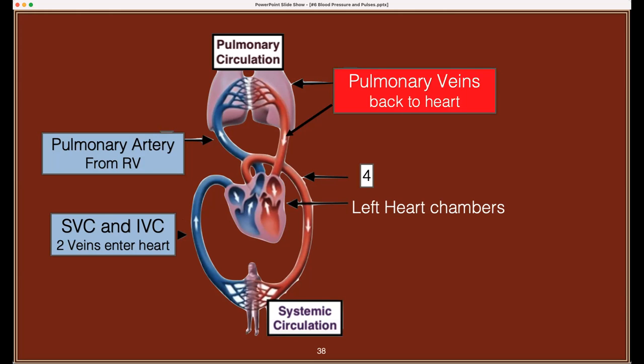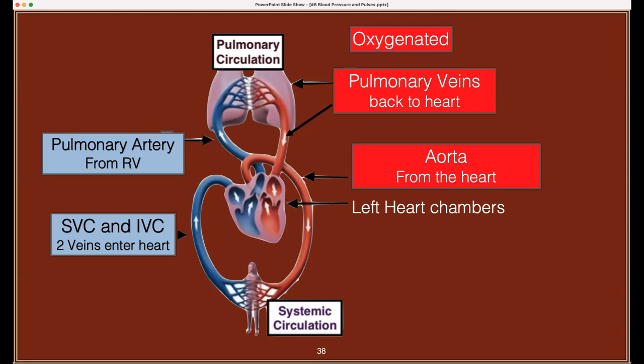Pulmonary veins are going back to the heart, and the aorta is coming from the heart. So this is the oxygenated side, the red side, and the deoxygenated side. So remember, with pulmonary circulation, red does not always mean artery. It means oxygenation.